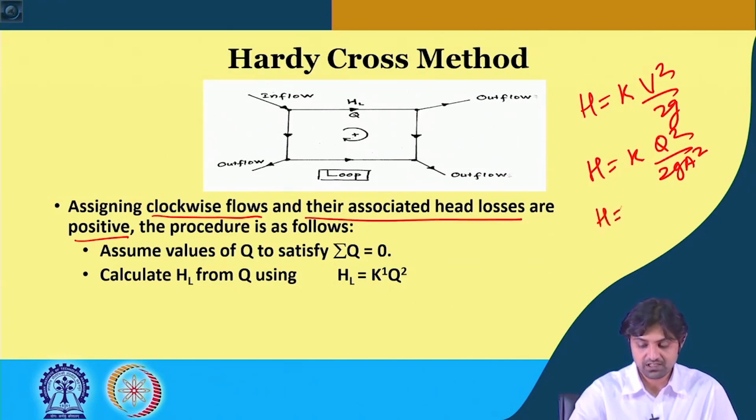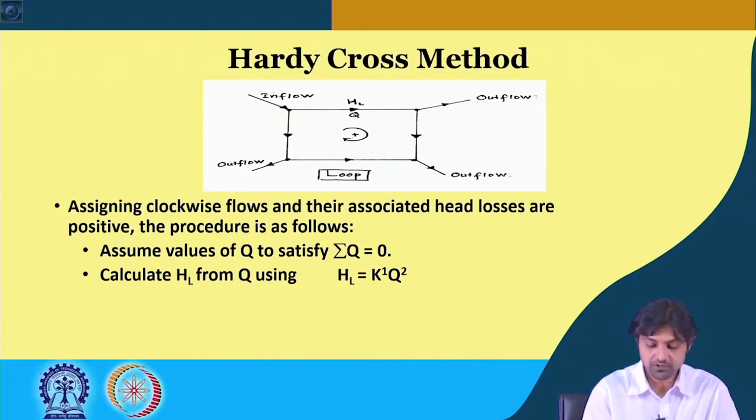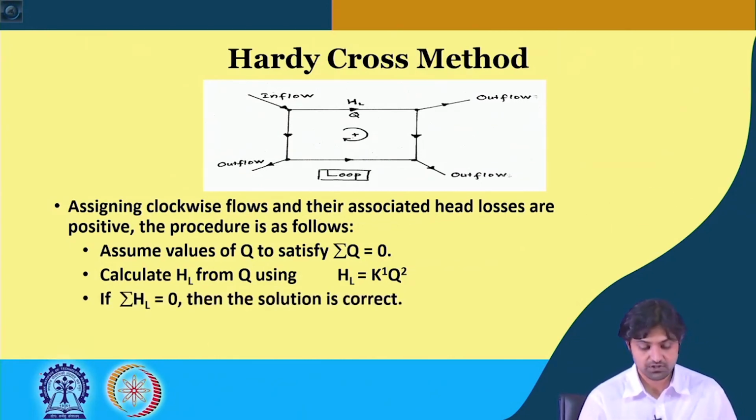So basically H can be written as K dash Q square if you bring K by 2GA square. So our head loss is written like this, K into Q square, because head loss is proportional to the discharge square. If the head loss is equal to 0, then that means the solution is correct.